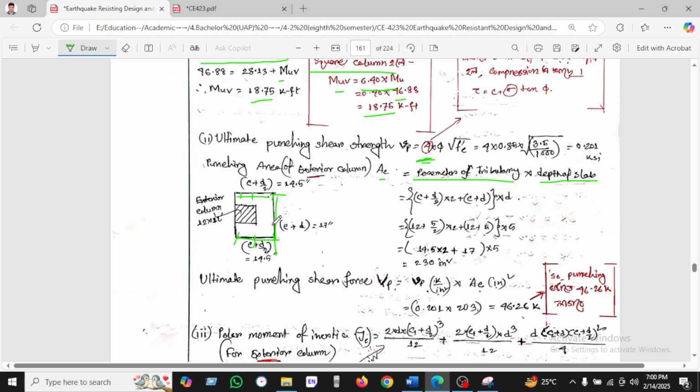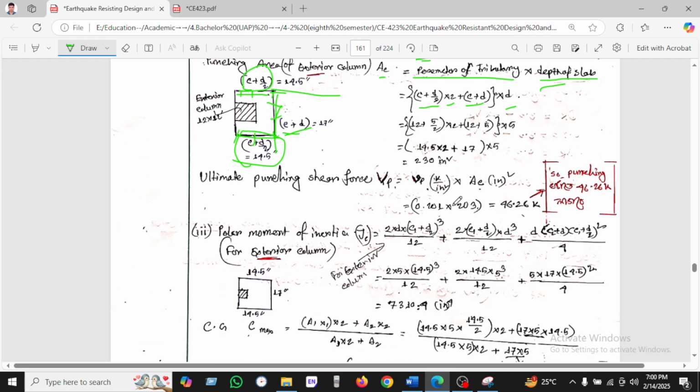On the other hand, we can see this is the C, this is the D divided by 2 and this is the D divided by 2. It will be 1D. So C plus D. So at first C divided by 2, C plus D divided by 2 because in this portion, and C plus D. This is C plus D and depth of the slab is given here. Okay. So and found 239 inches square.